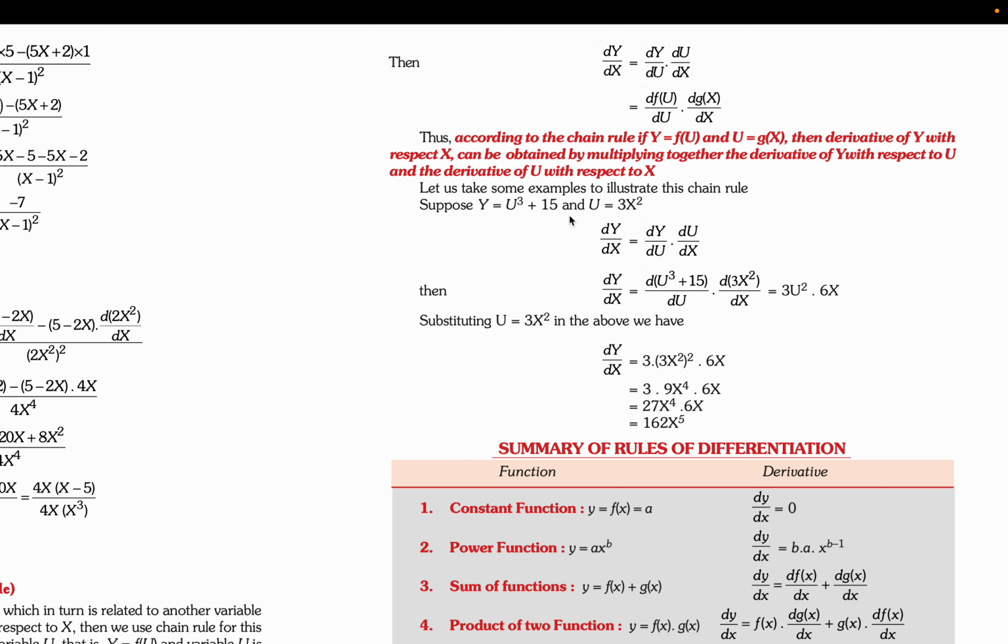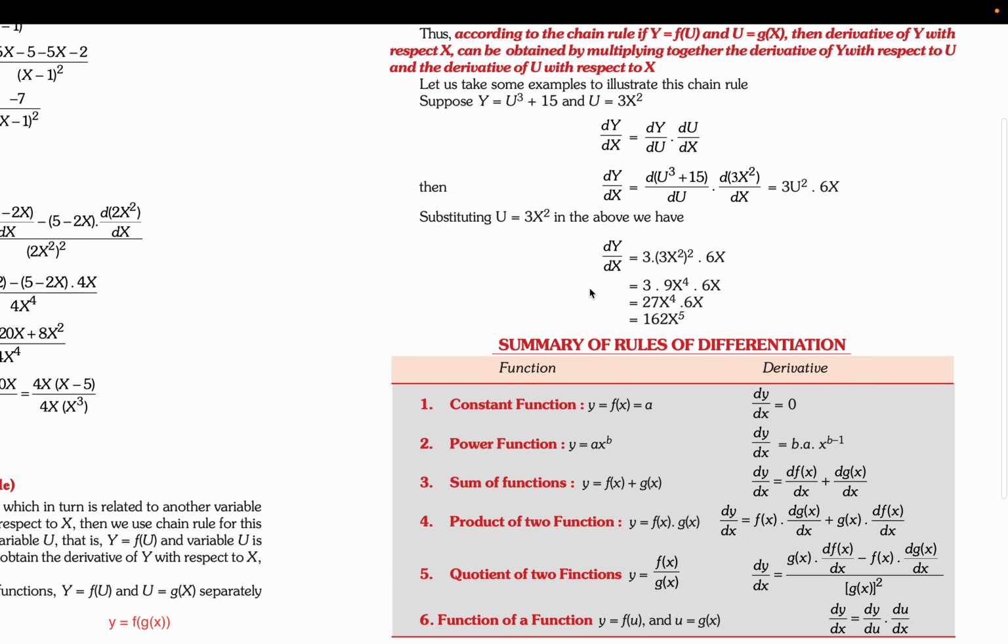So it's going to be 3u squared, plus 0 of course, so 3u squared, and then you find out what this is going to be, so 6x. Just multiply them, that's it. Substituting u is equal to 3x square in the above, we have this, and that's how the value follows.